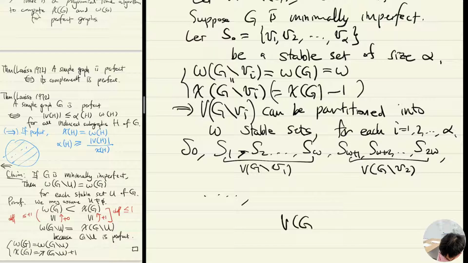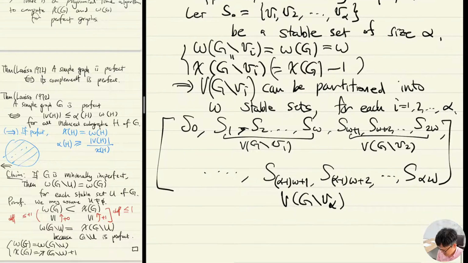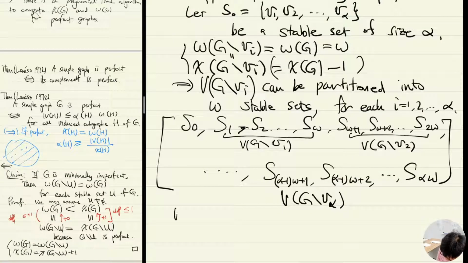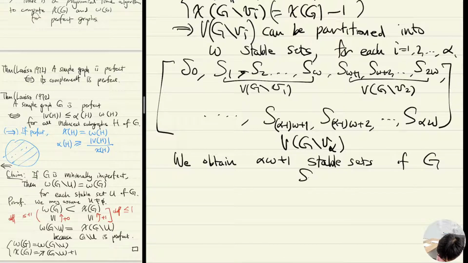And then there will be a partition of G delete V alpha, up to S alpha omega. So we obtain alpha omega plus 1 stable sets of G, S0, S1 up to S alpha omega. What is the property?